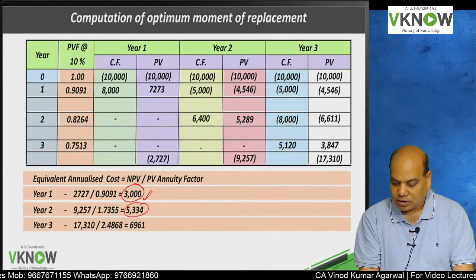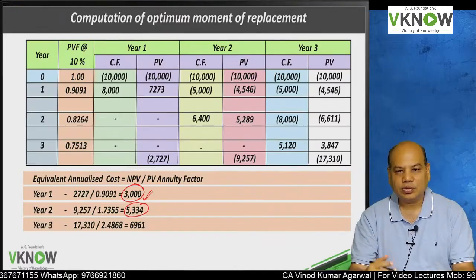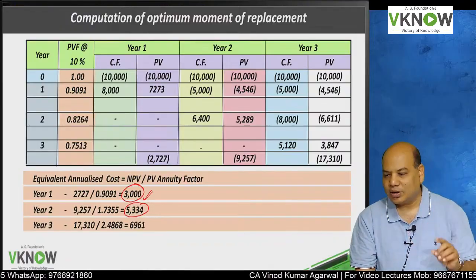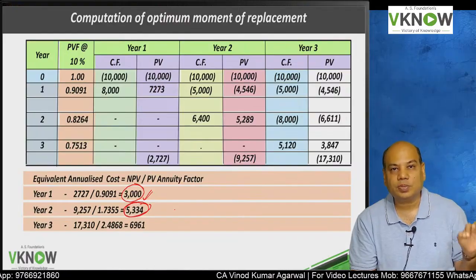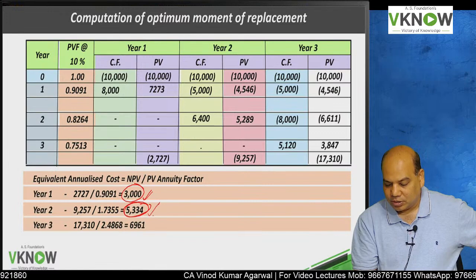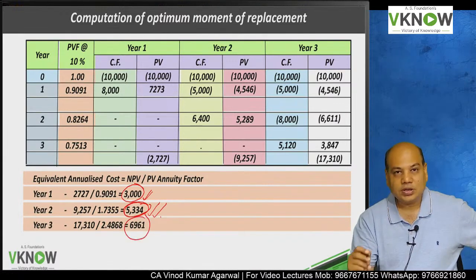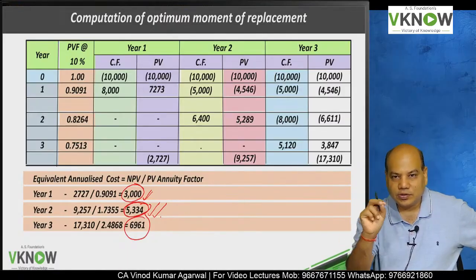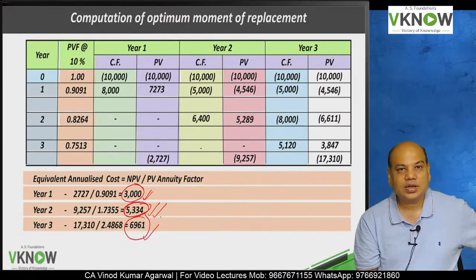If you buy an asset and keep on replacing after 2 years, the equivalent cost per annum is 5334. If you replace after 3 years, it is equivalent to incurring rupees 6961 per annum.